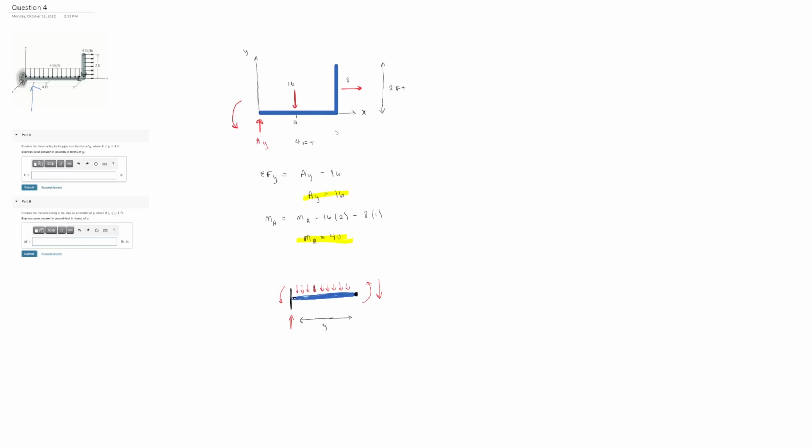And this force right here, remember how you find that: it's the 4 times the distance. The force given times the distance. That's how you're going to find the force. And then the centroid is going to be located at the distance divided by 2. So we know that it's going to be here, right in the middle.